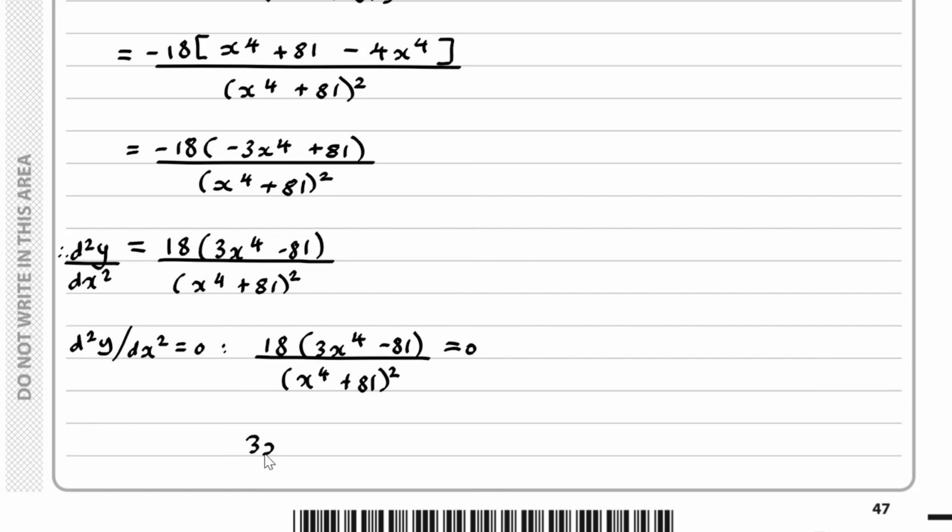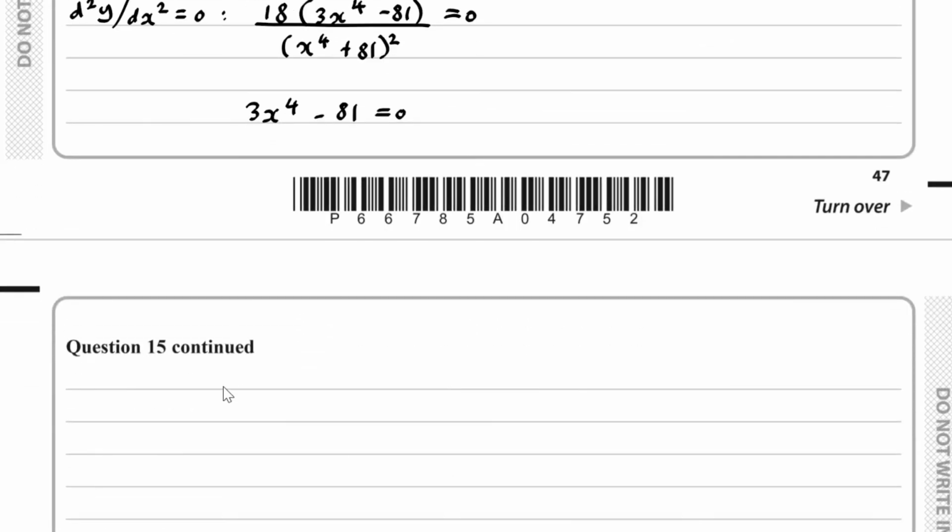So here we have 3x to the 4 minus 81 equal to 0, so x to the 4 minus 27 is equal to 0. Therefore, x is equal to the 4th root of 27. So that's where the point of inflection occurs. Let's confirm this.